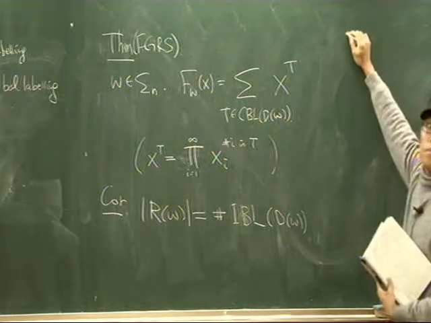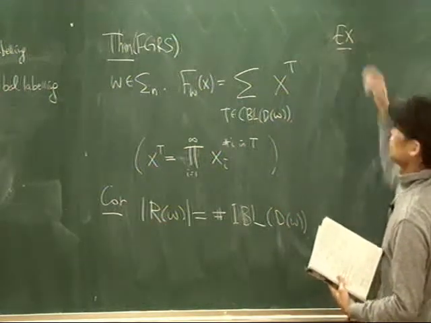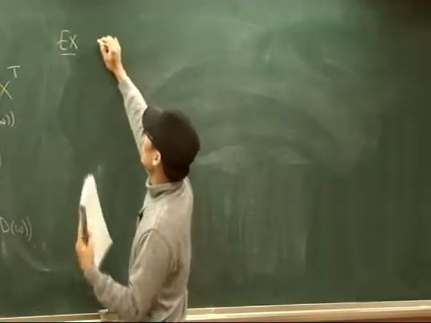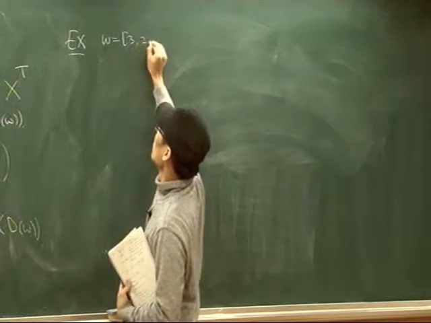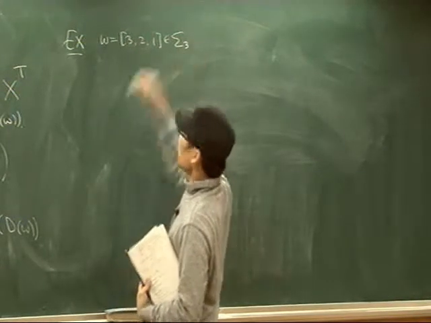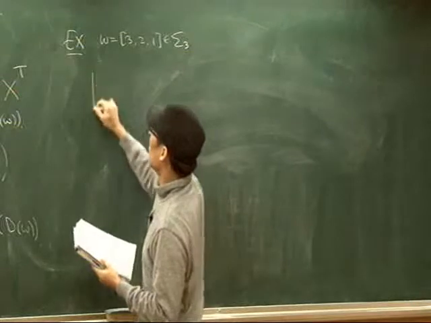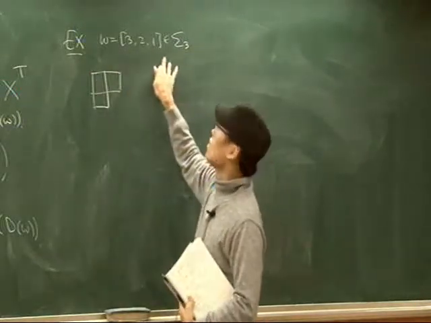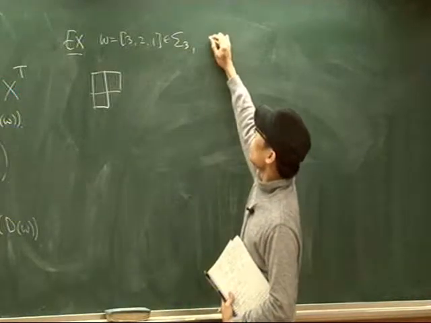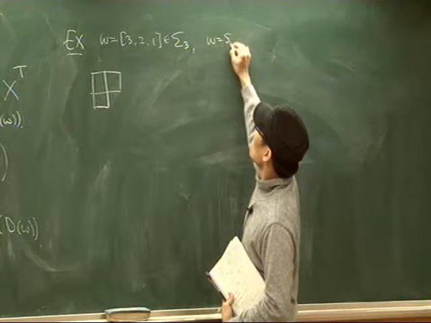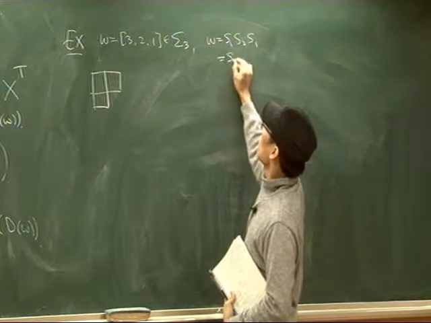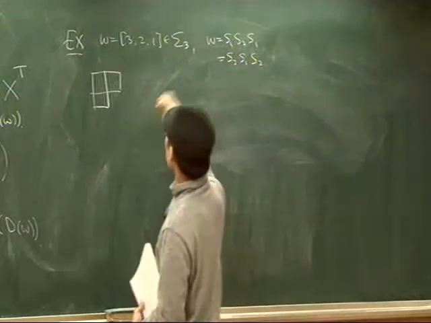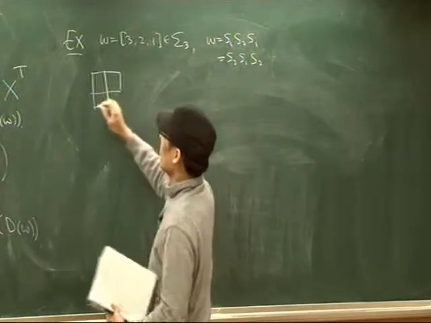So, I'll show you a very tiny example. This W is 3 2 1 in sigma 3. It's the longest element in sigma 3, and there are two reduced words of this W: S1 S2 S1 and S2 S1 S2.